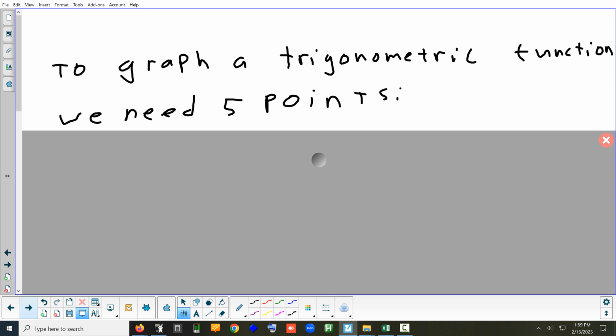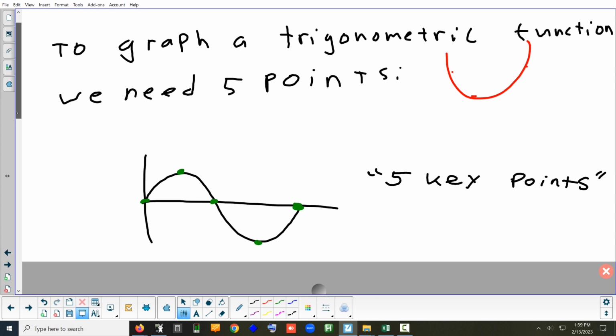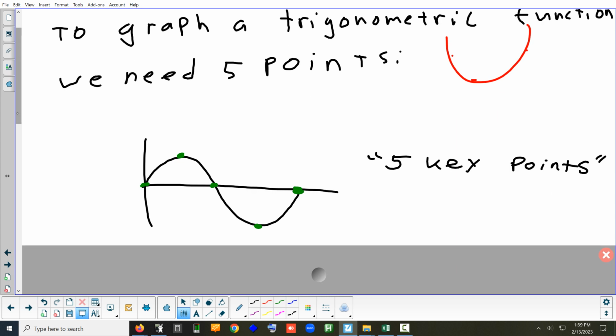All right, so to graph the trig function, it's not quite as simple as drawing a line. If it were a line, I would say you need 2 points, draw your line and you're good. If it was a shape like a parabola, you probably need 3 points. But with a trig function, you need about 5. I call these the 5 important points, or the 5 key points when you're making a sketch: the beginning, the end, the middle, the high, and the low.